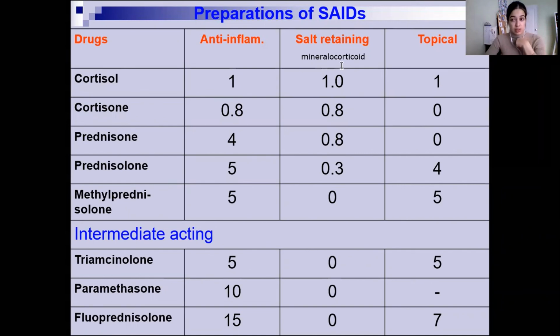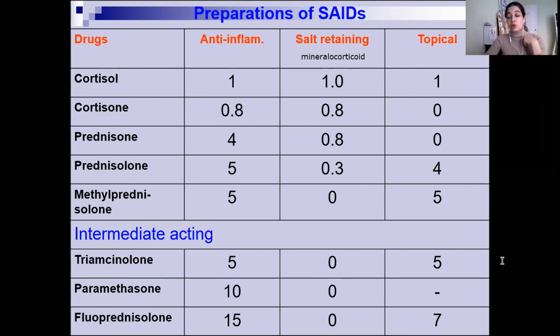This is an effect on the kidneys. So cortisol, our natural hormone, gives two actions: glucocorticoid and anti-inflammatory, and also mineralocorticoid by retaining sodium and water. You see the rest of the drugs lose their mineralocorticoid activity. You can see 0, 0, 0 here already.